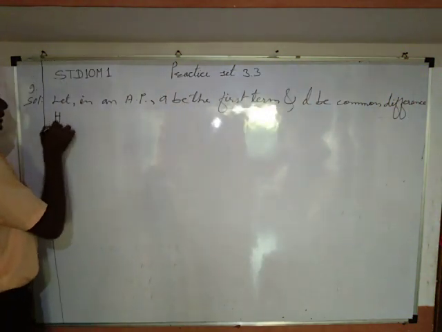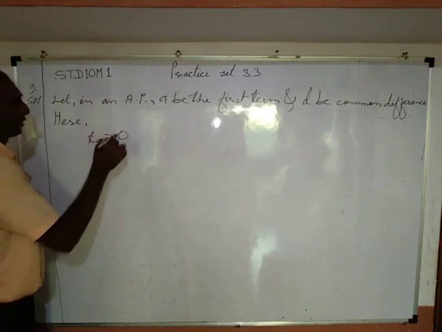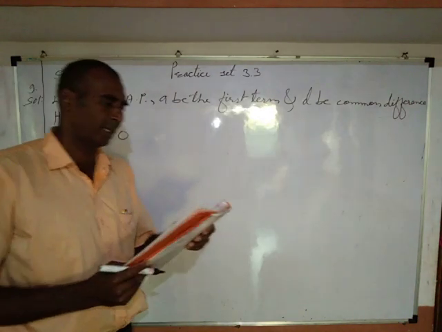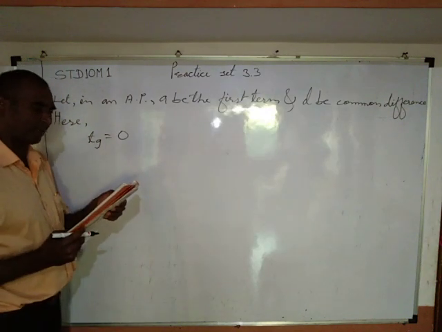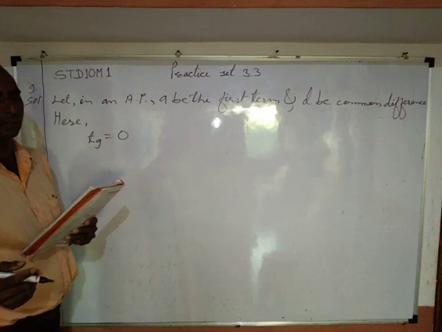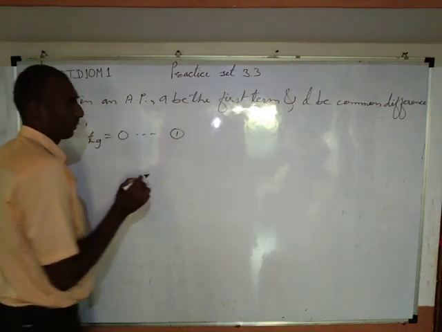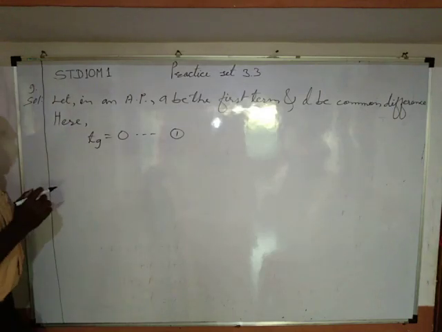Here he tells us that T9 is 0. If the 9th term of an AP is 0, then show that the 29th term is twice the 19th term. Let's call it equation first. T9 equals 0.